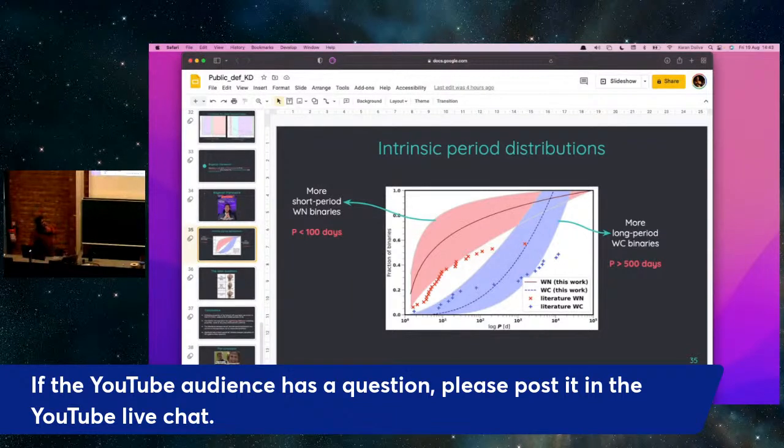So these are the observed distribution of binaries, right? And it's not that our model is actually fitting this data. Our model corrects this data that we observed for observational biases. So this is the intrinsic distribution, and this is what we observe. So we are missing a bunch of stars, both at slightly shorter periods and at longer periods. That's what this shows.